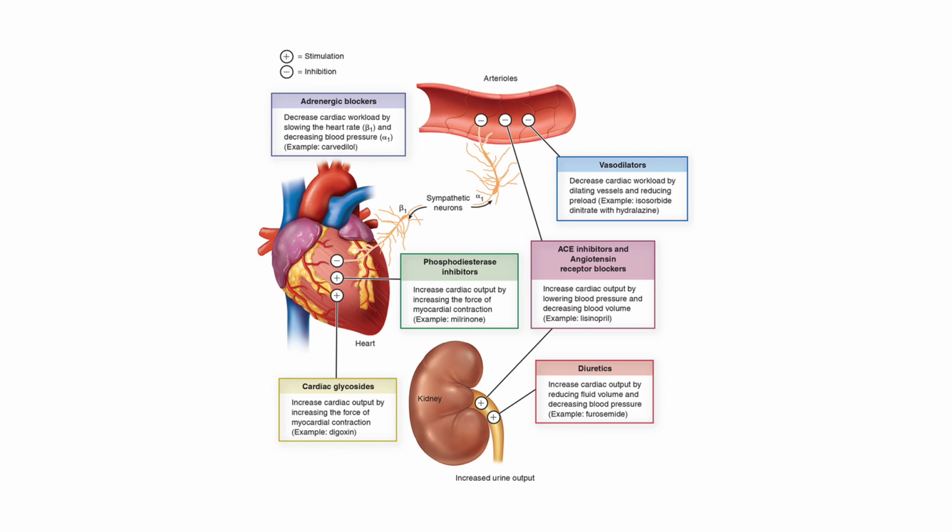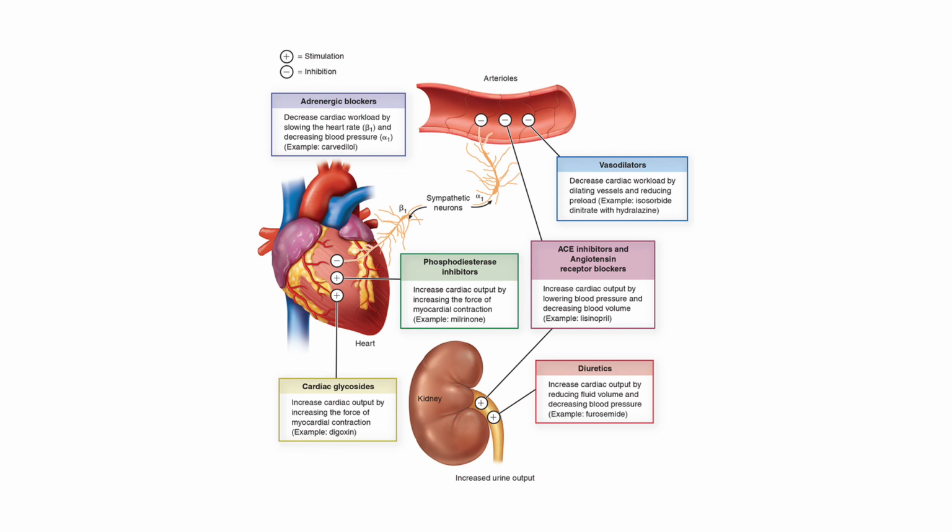Okay, how about ACE inhibitors and ARBs? Well, they will either reduce angiotensin II production, ACE inhibitors, or block angiotensin II effects, ARBs. So that's going to cause some vasodilation of the arterioles because you've blocked angiotensin II.